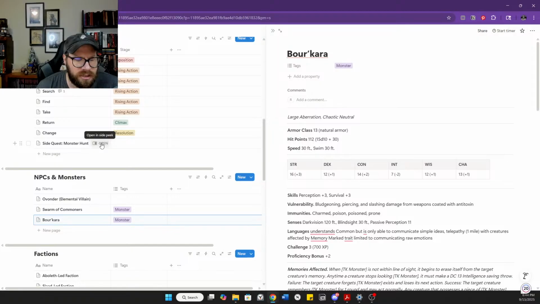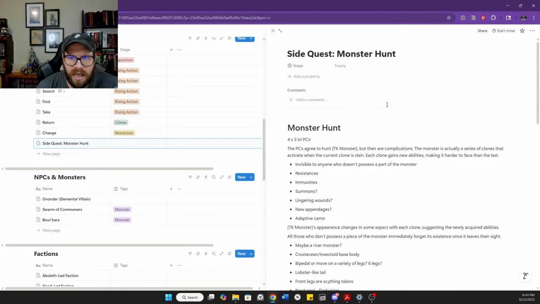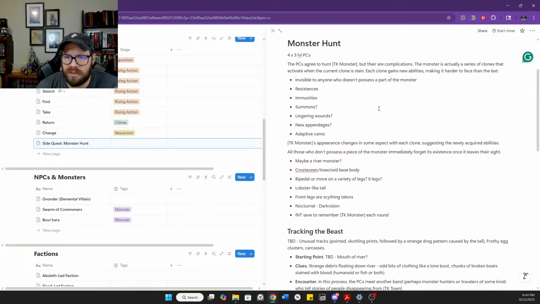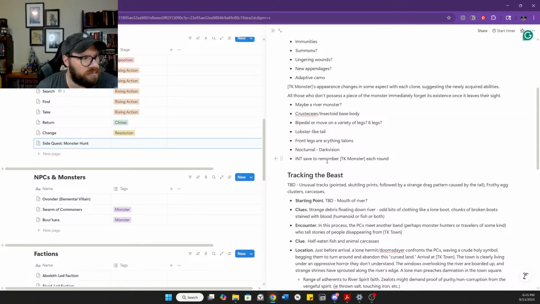So, with our last 15 minutes here, let's head over to our side quest and start working on this. We put a bunch of ideation down here, and we probably don't want to delete this just yet because we do want a description of this monster, a vision of what it actually looks like.